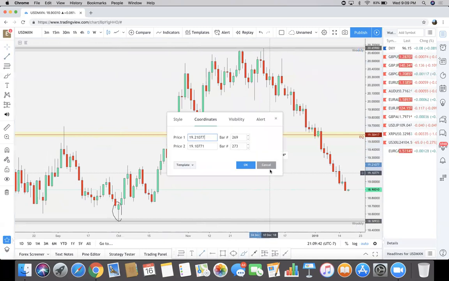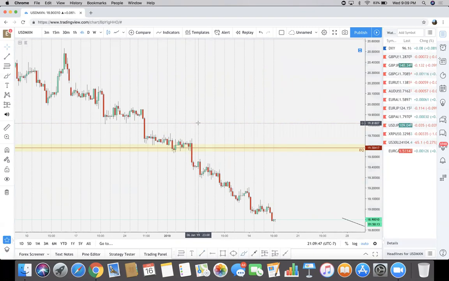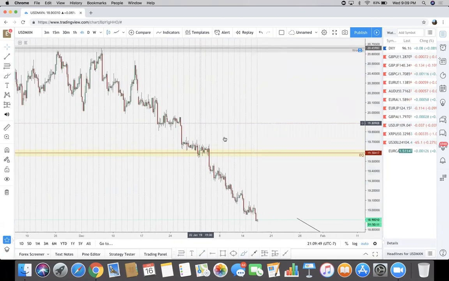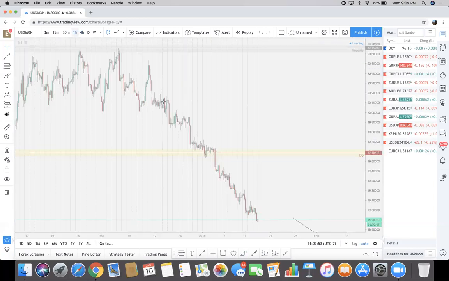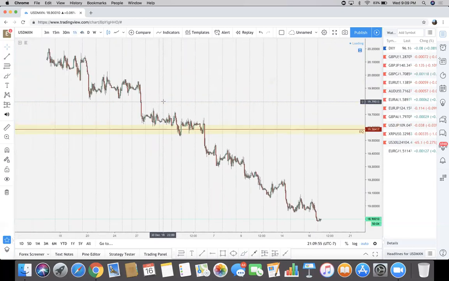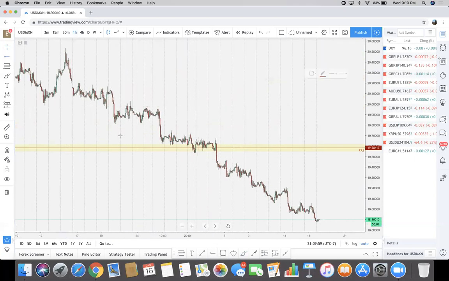You could trade this on a lower time frame. On the 4 hour, I don't really like this pair. It's a little bit cleaner on the 1 hour. It could be setting some minor support and resistance.